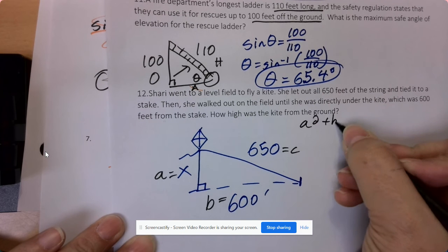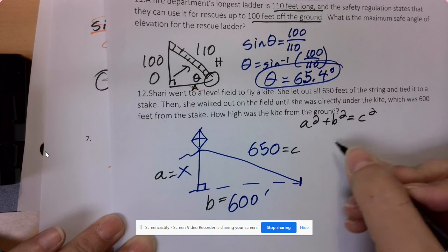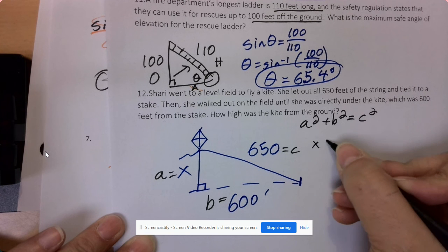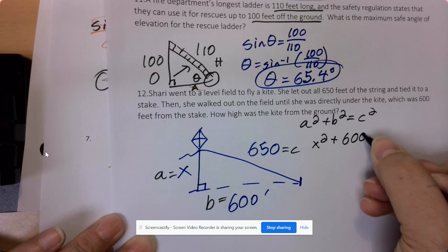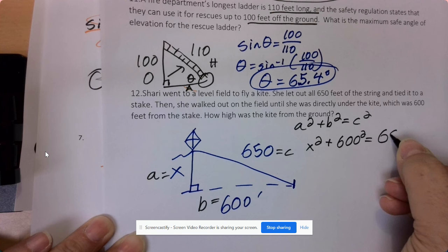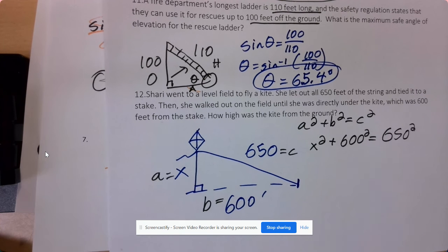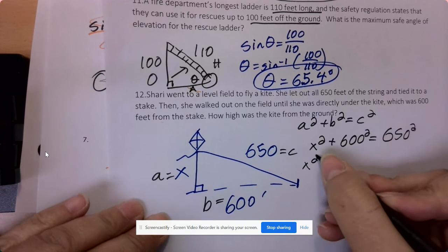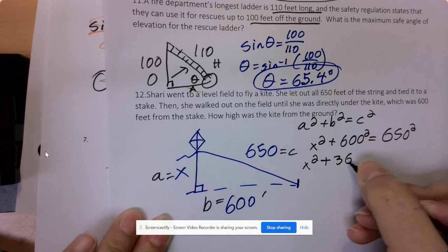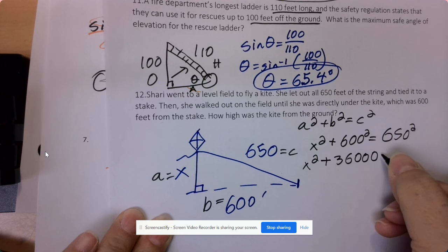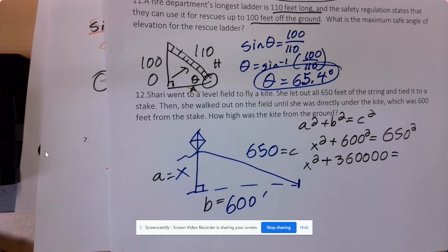So we're using Pythagorean theorem again. So we're going to subtract. Make sure to keep track of all those zeros.